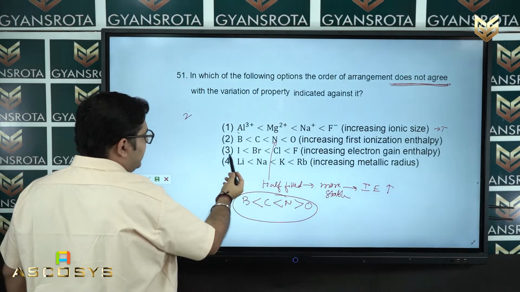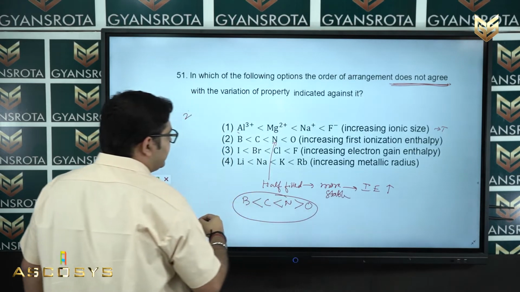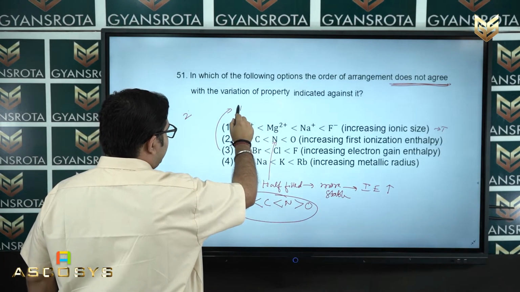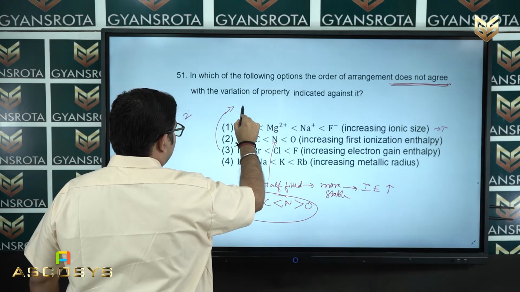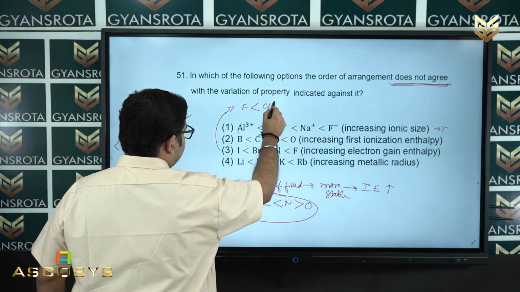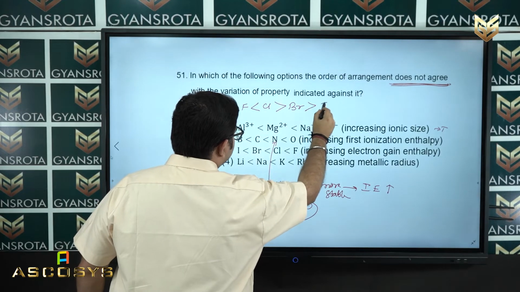Now, if you see option number 3, they are giving us electron gain enthalpy. Again, in case of halogens, the electron gain enthalpy order should be fluorine, then chlorine, then bromine and then iodine.